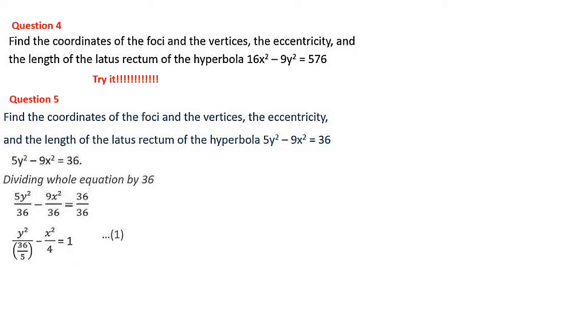Let me show you how this one is changing. Let's check this term. When we simplify, we take y squared, then the division changes to multiplication. This 36 by 5, when we multiply, we take the reciprocal, that is 5 divided by 36.